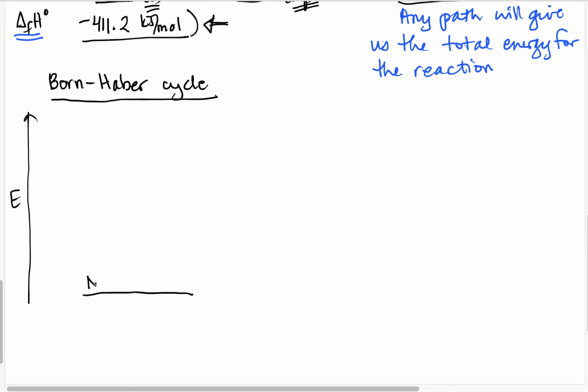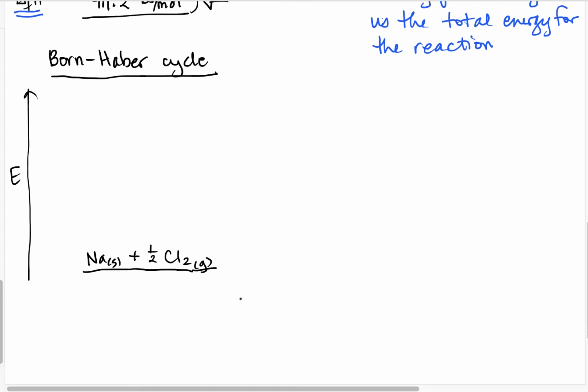If we take our formation equation, it always starts from the elements in their natural state, so sodium is a solid, and we need stoichiometric amounts of each element. Chlorine is a diatomic gas, so we need half of one of those.